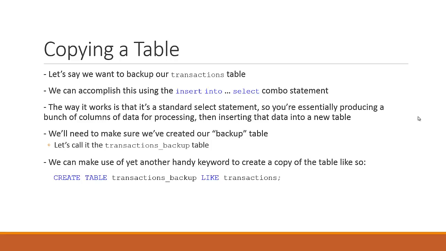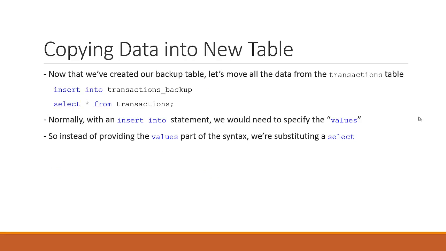So we're going to say like transactions. Essentially the generic form of this is just create table table A like table B. Simple as that. That will create the empty table, the empty schema, the skeleton, if you will. So now we've got the table created. Now we want to take the data and copy it into the new table. So now that we've created this backup table, let's do this.